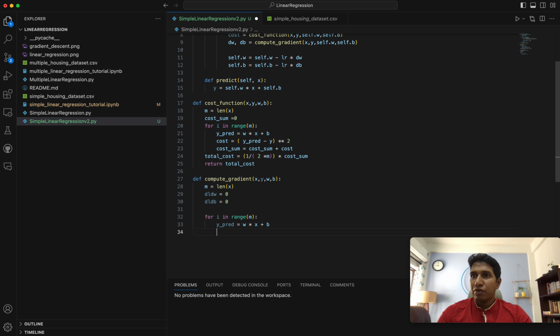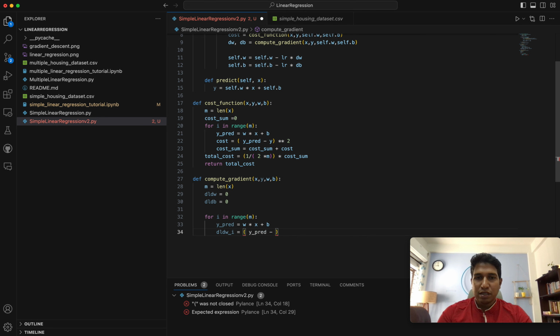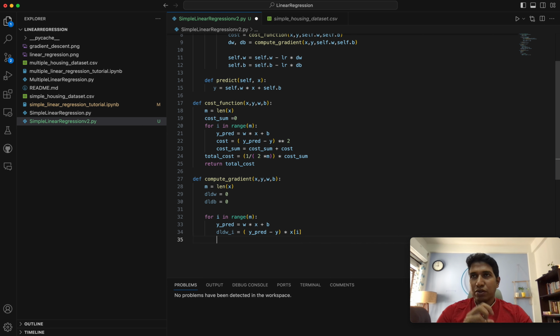This time we want to find dL_dw of i. That is similar to the cost: y predict minus the actual y, times x of i. Basically, the derivative of w depends on x, so we multiply with x of i. Similarly, we find dL_db of i, but b doesn't depend on x, so the formula doesn't have x.